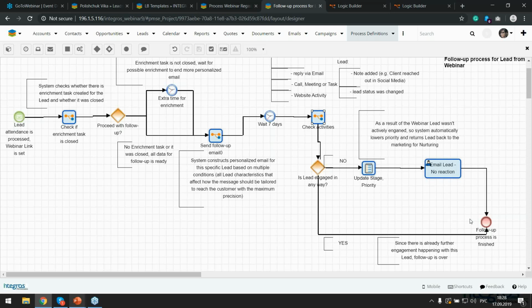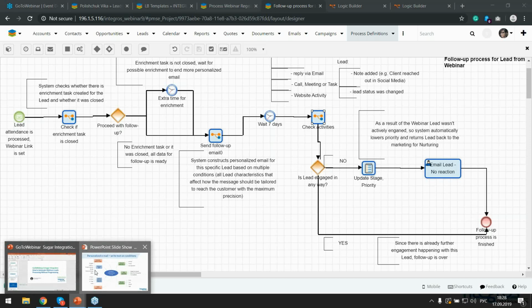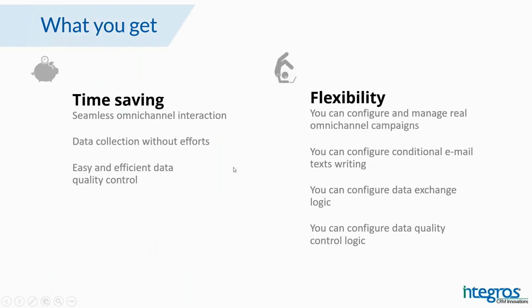So what do we get as a result with this automation? Two main benefits. The first one is time saving. Obviously, we try to automate as much as we can, to focus, for example, the marketing team on really important tasks that cannot be automated. And also we can be sure of our data quality.